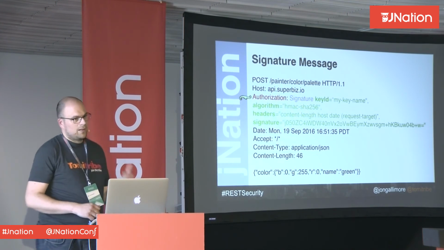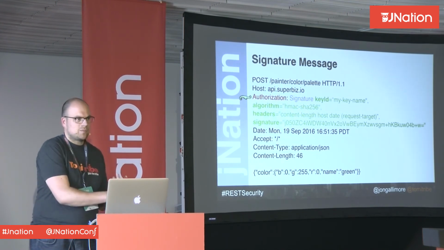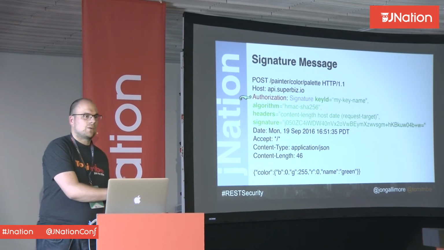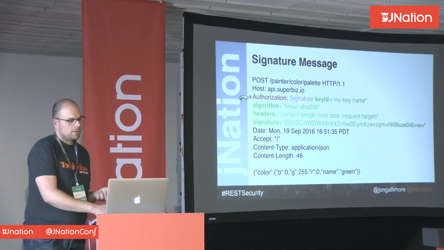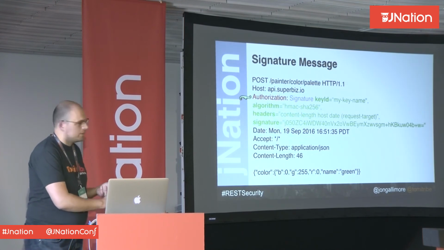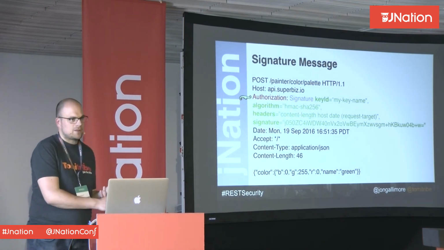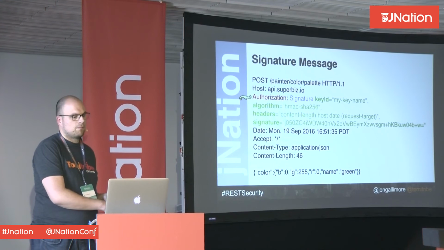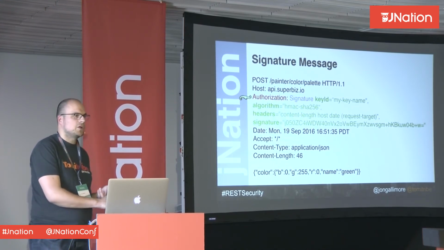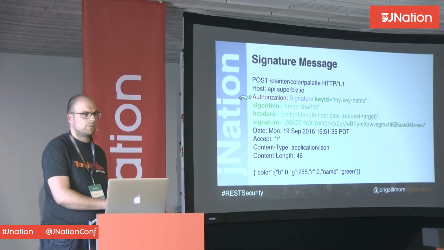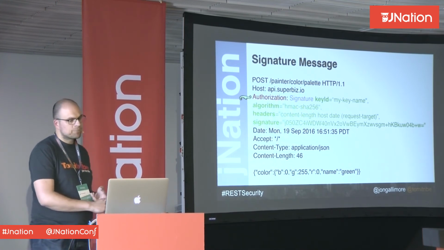So each of these components, the key ID, as you might imagine, says I'm signing this request using this particular key. There are a few different algorithms, so you can use RSA with this. We typically use the HMAC SHA-256, but it works perfectly fine with public-private keys as well.